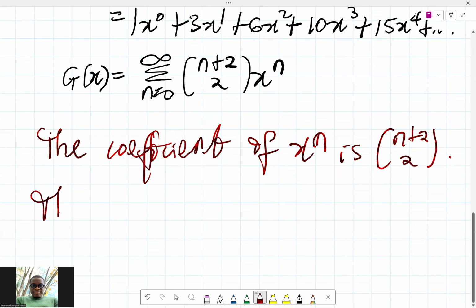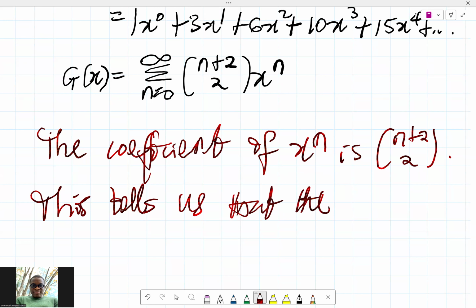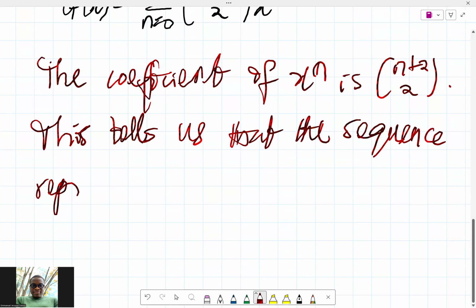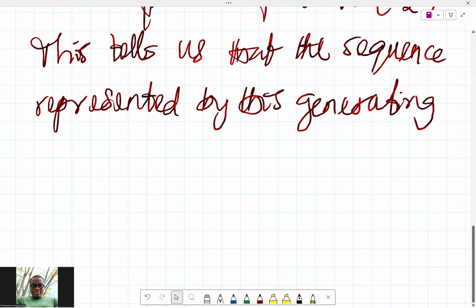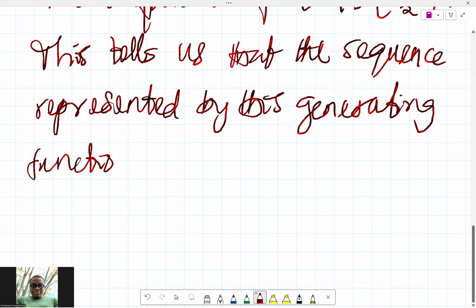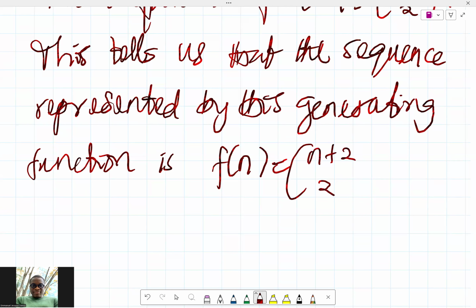This tells us that the sequence represented by this generating function is f of n equals n plus 2 combination 2. That's the sequence we seek to extract.